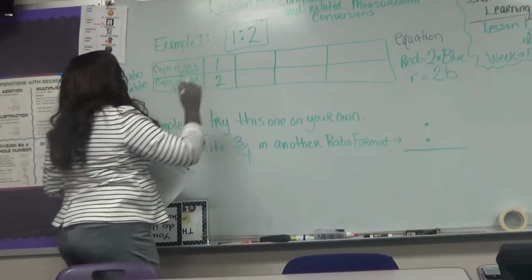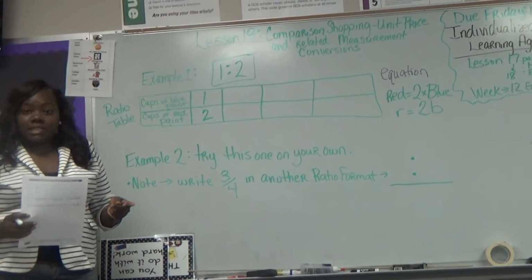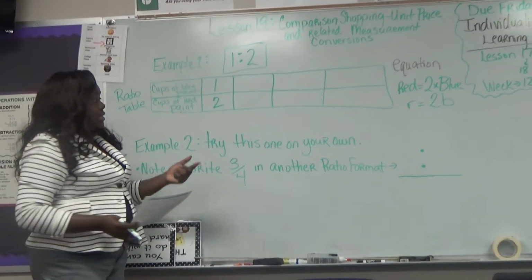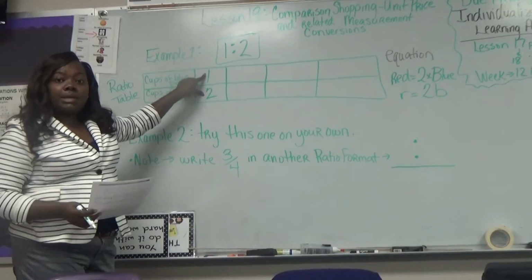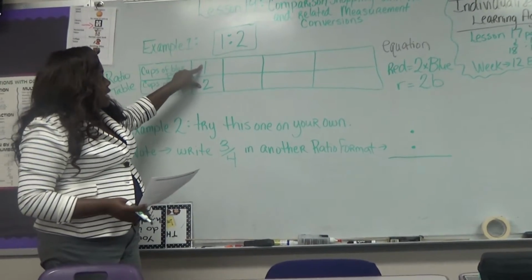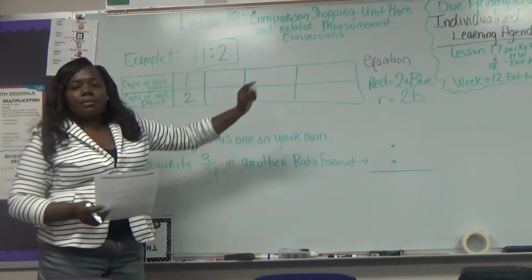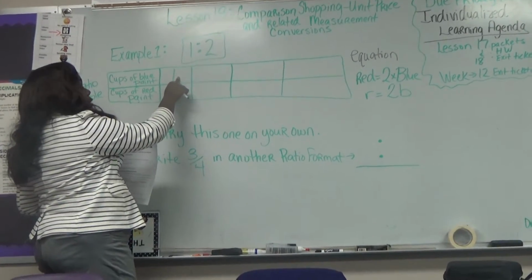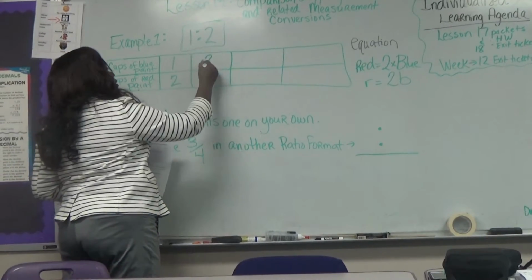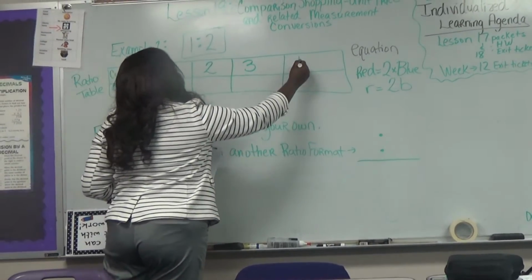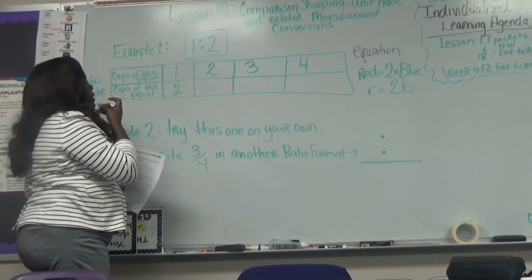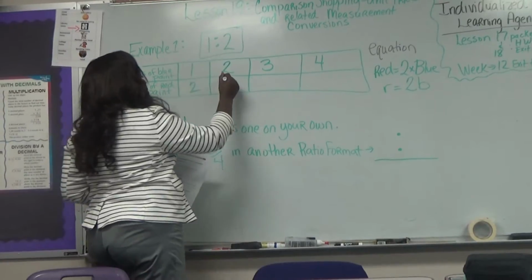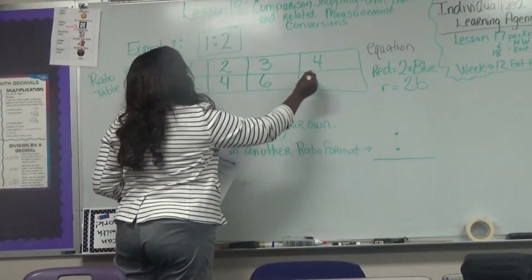The next thing that's important when you're looking at ratio tables is to make sure that your starting ratio is already simplified. 1 to 2 is already simplified, so I can take these numbers and simply count by them all the way down my ratio table. On the top column I should be counting by ones: 1, 2, 3, 4. On the bottom column, I'm counting by 2's: 2, 4, 6, 8.